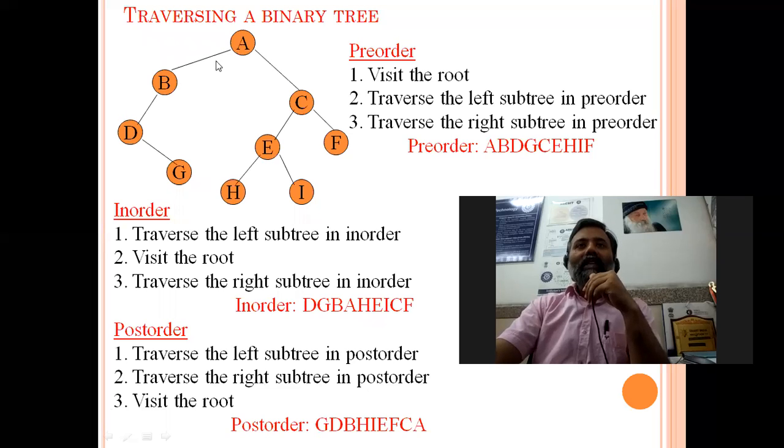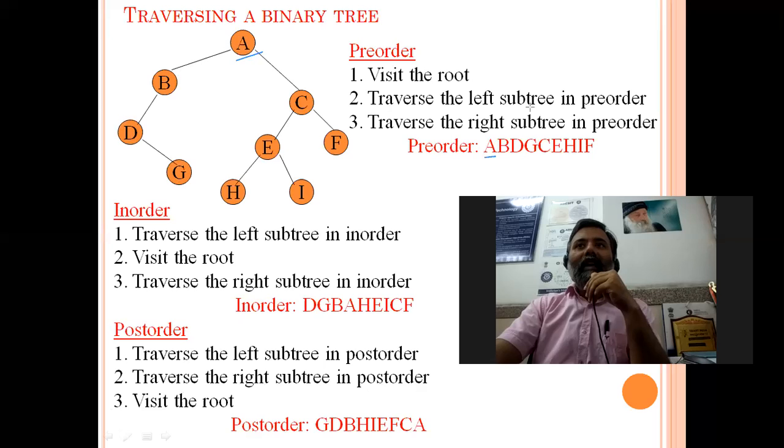Firstly, we will visit the root node, that is A. So in pre-order it is A now.